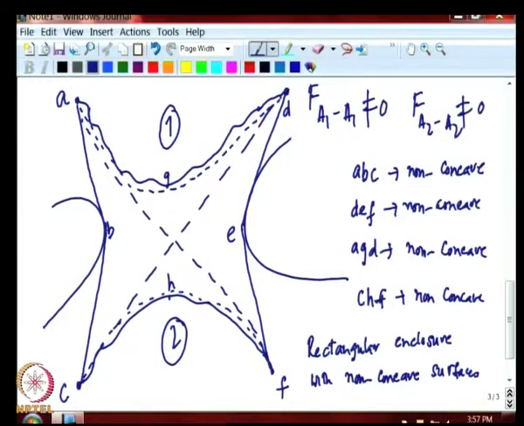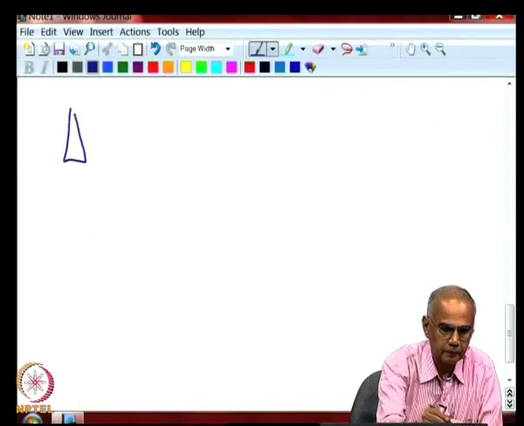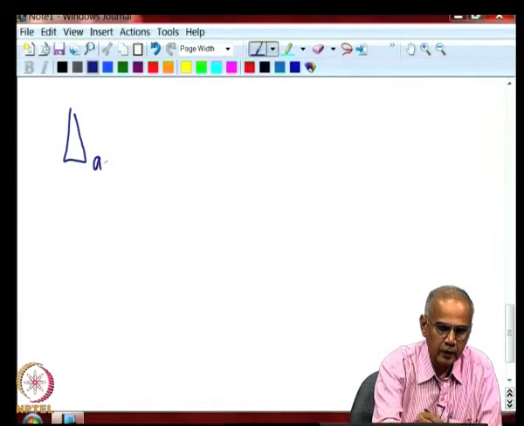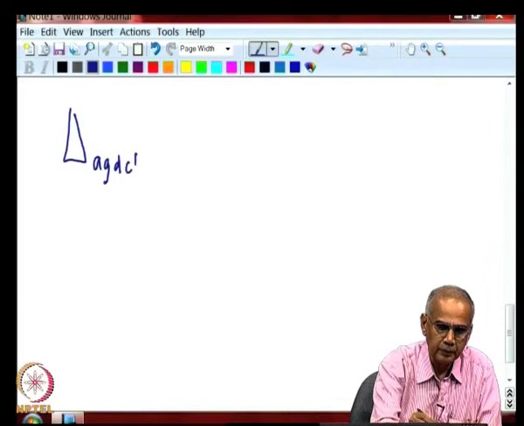So, now we will calculate from AGD. So, with AGD as the base here, we will calculate for the triangle AGD ABC, this triangle. So, let me go to next page. So, consider triangle AGD CBA.